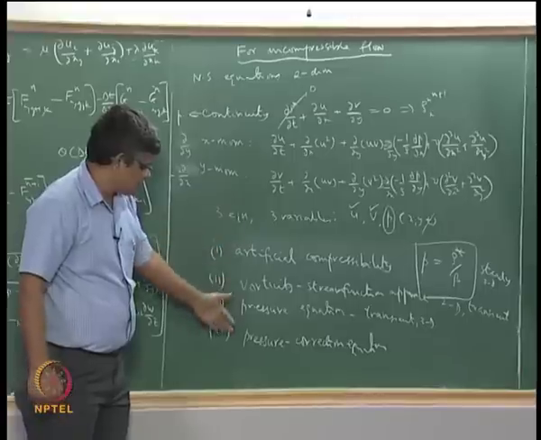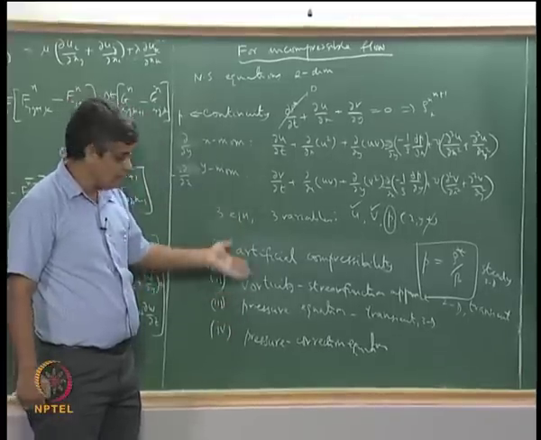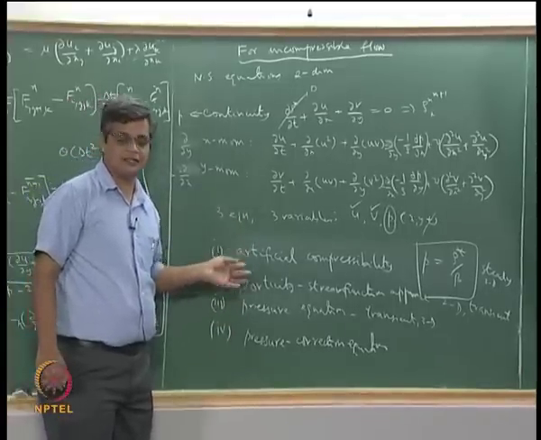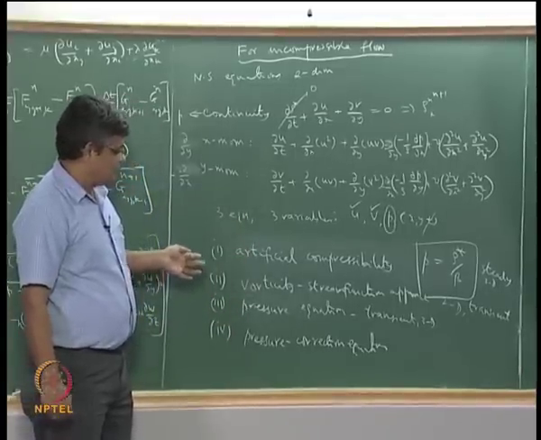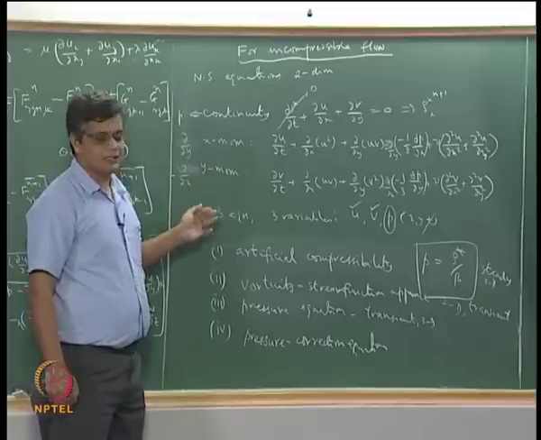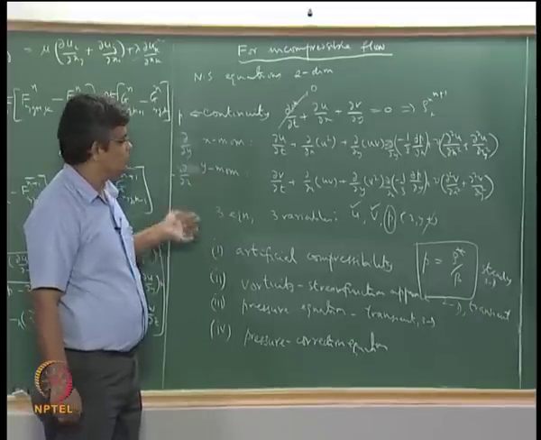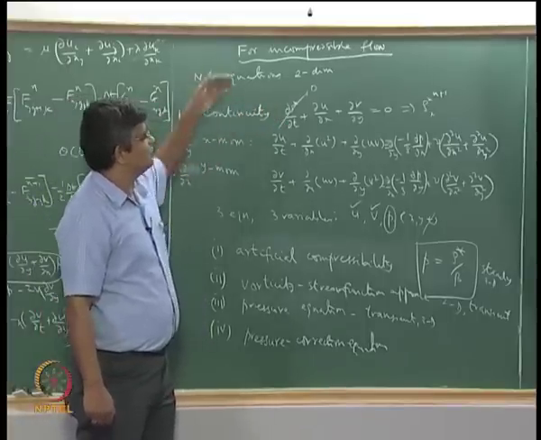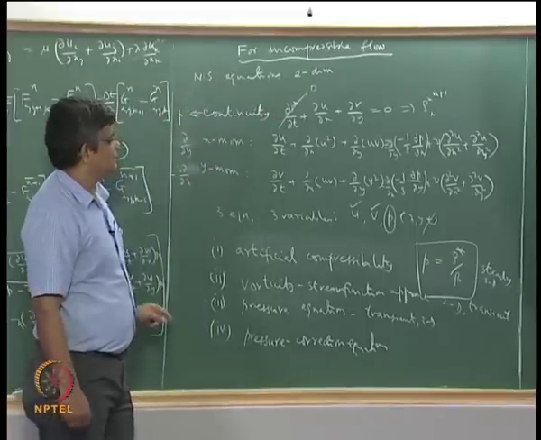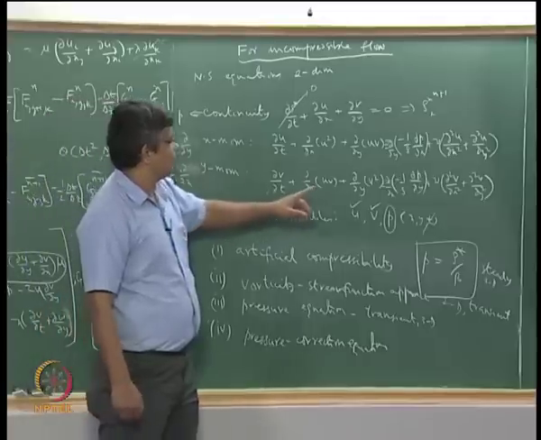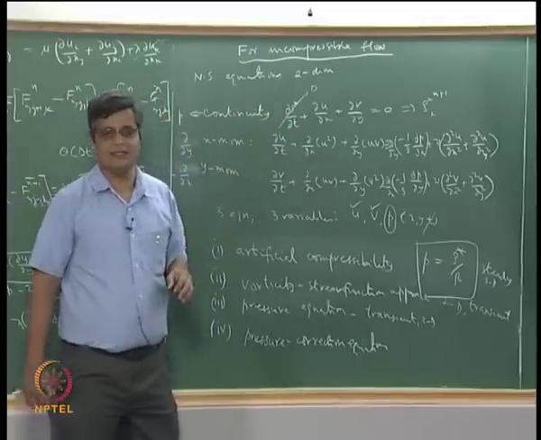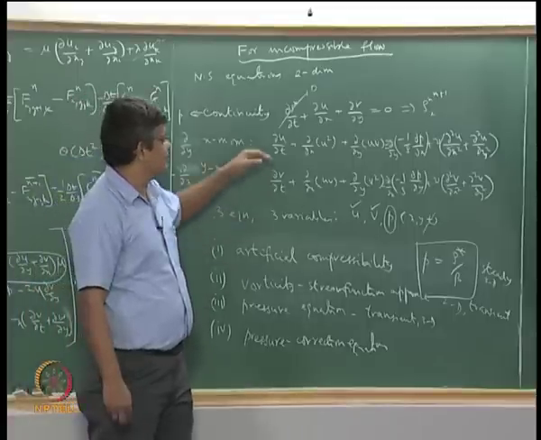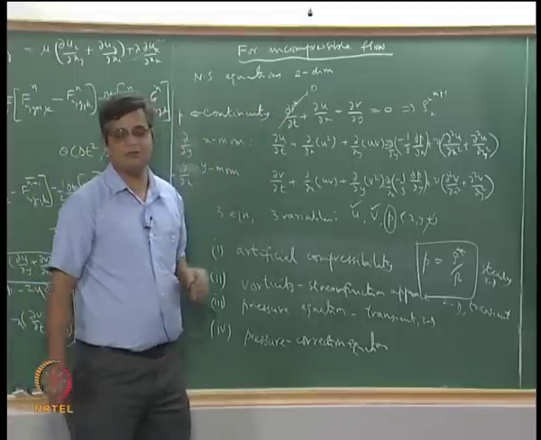So all these 4 methods and many variants and other methods are derived specifically for incompressible flows to get around the problem that is unique to incompressible flows, in the sense that pressure is not coming as a direct variable in any of the major equations.